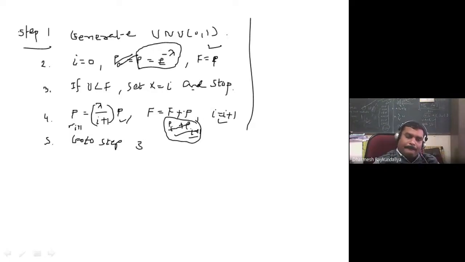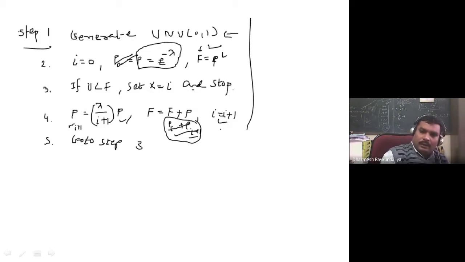Is that clear? Yes sir. What did we do? We generated the uniform random number. I took p and assigned it to f. If u is less than f, then x equal to I, which is 0. Now in the next step, you know p0 and you wish to calculate p1. I reassigned p1 back as p. So what will the new f be? The cumulative probability: old probability plus new probability. So this is the new cumulative probability. And now I am checking whether u is less than f. If yes, then x equal to I plus 1.